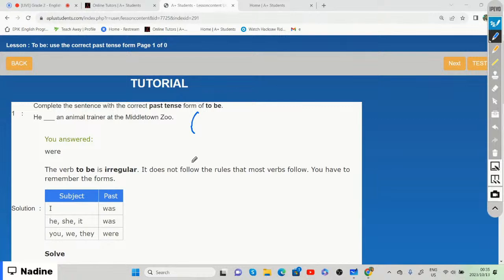One person, one subject doing the action. If we refer to more than one person doing the action, we can say you were, we were, they were. Right? So now we're going to number one. We're going to complete the sentence with the correct past tense form of to be.